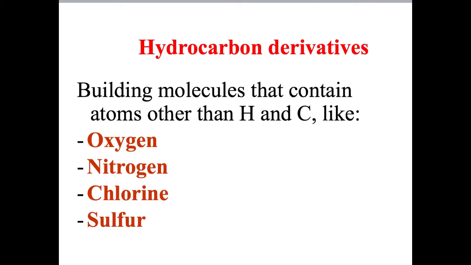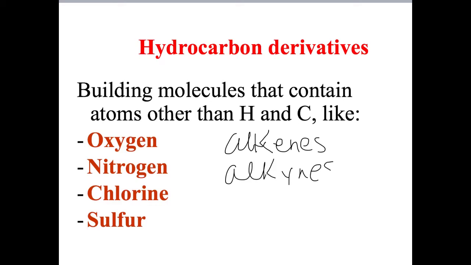Lastly, as we get to the end of these notes, what I want to point out here is, in addition to our alkenes and our alkynes, and then we talked about our ring compounds, and then we talked about rings that are aromatic, we can also add elements to hydrocarbons, and we call these derivatives.